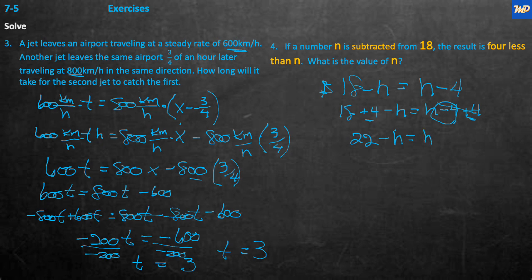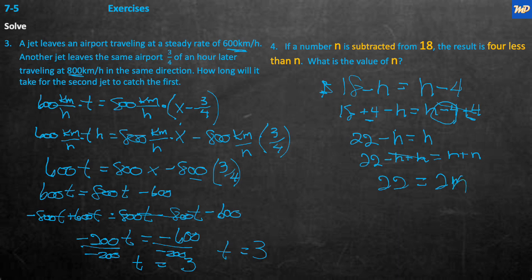Okay, my n's are looking like h's. Sorry about that. So now we have to get rid of the n from this side. So we're going to have 22 minus n plus n is equal to n plus n. So when we get rid of those n's, we're going to have 22 is equal to 2n.